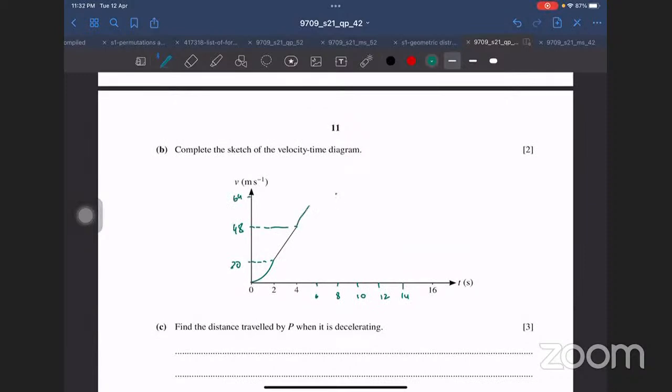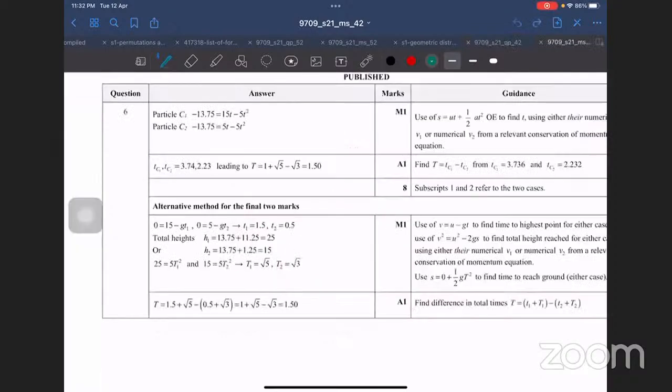This function goes something like this. Okay, I think that's what the graph should look like.